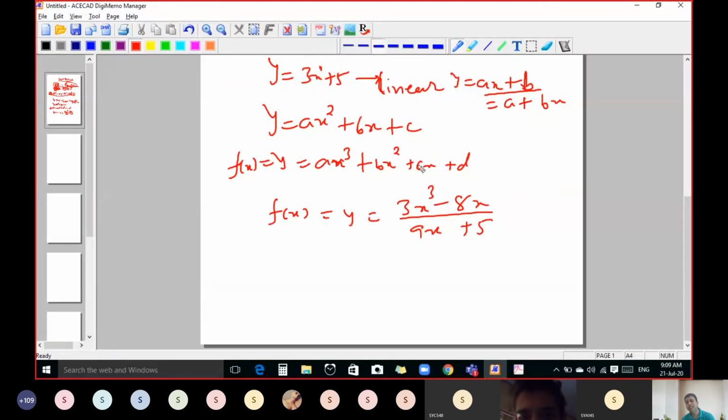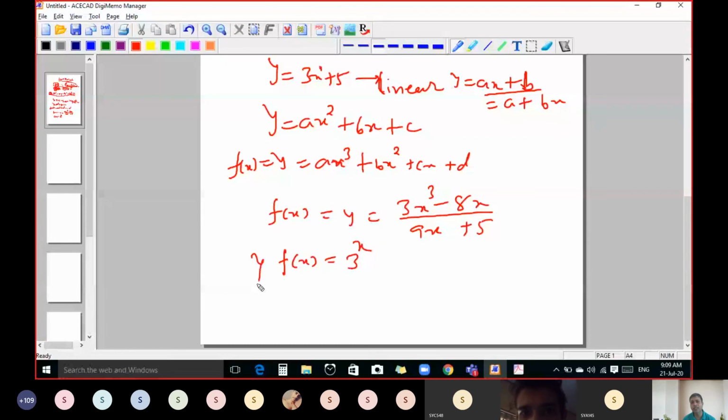known as algebraic function. One another function, maybe you heard this type of function frequently nowadays, which is known as exponential function, like 3 raised to x. Now this is y equal to 3 raised to x.